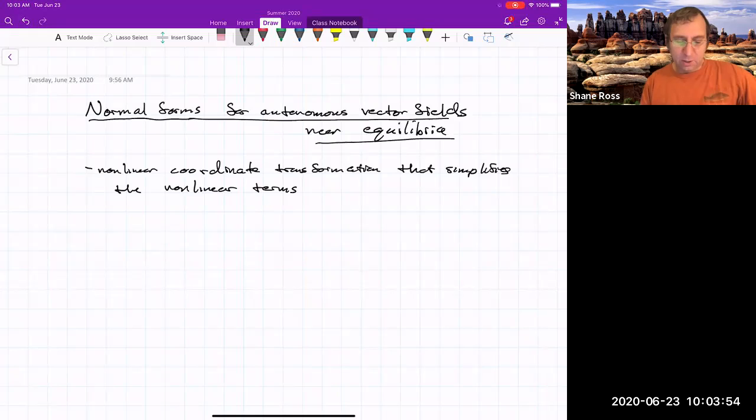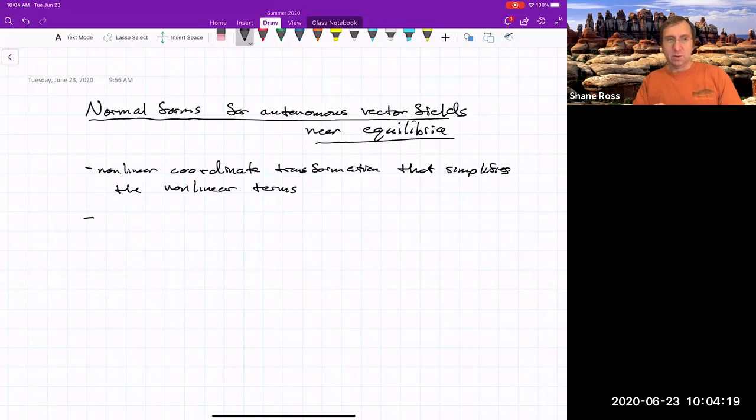I guess before I do that, why do we want to do this? Part of it is you want to find out if you have two vector fields and they may have a different formula. If they have the same normal form, normal here means standard. You're basically trying to do a coordinate transformation that puts the system into a standard nonlinear form.